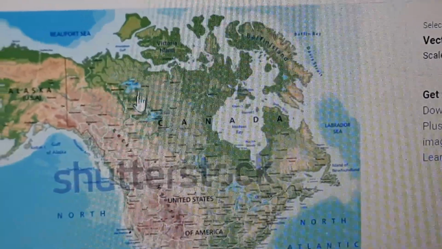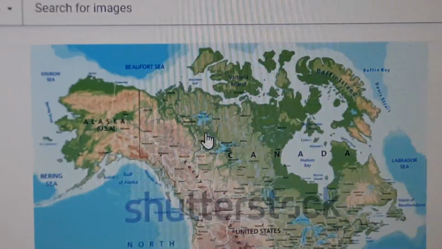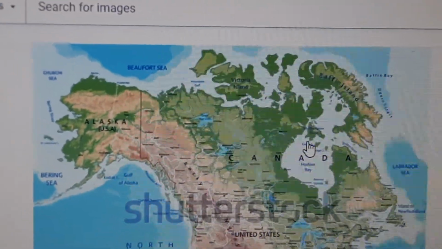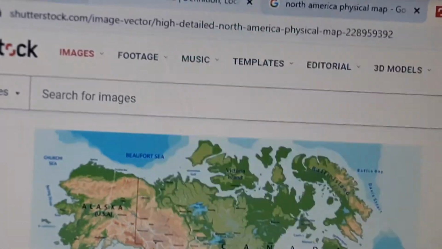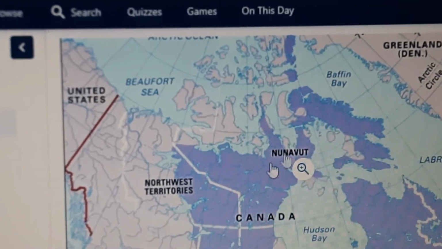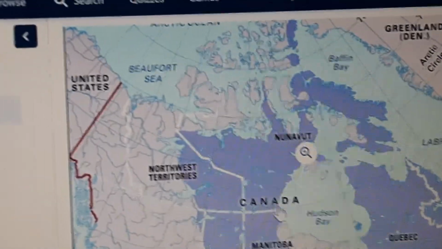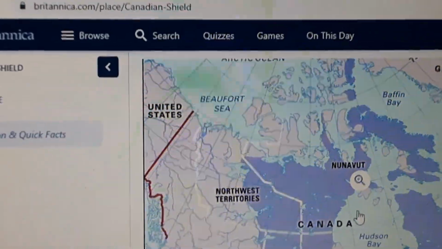Now we will talk about the Canadian Shield. In the north part of the continent, around the Hudson Bay, lies the Canadian Shield. Some of the oldest rocks of the world are found in this region.